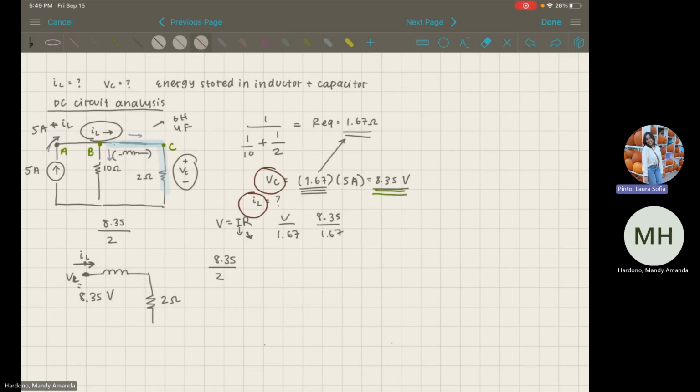And then since we have VC and IL, we can use those to find the energy stored in the inductor and the capacitor. Because as we remember, it's 1/2 capacitance, 1/2 inductance.